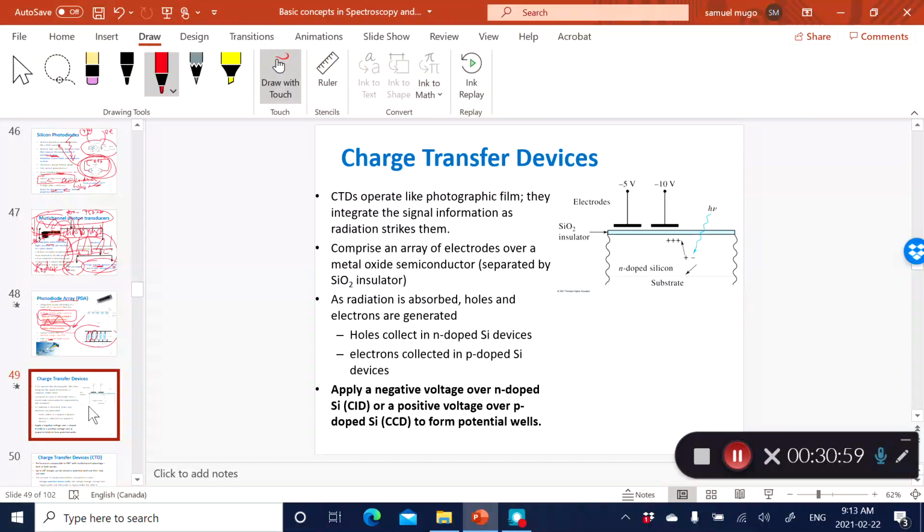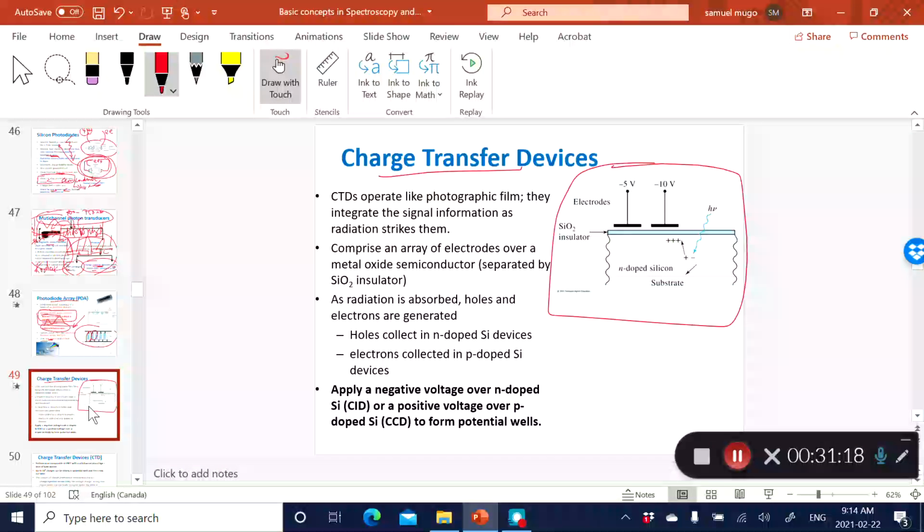So the charge transfer devices, which again, as I said, are examples of modern multi-channel detectors. Now, they operate in two different ways. Again, all it is, it's a PN diode. And this PN diode has been printed with an array of electrodes on the surface of it.